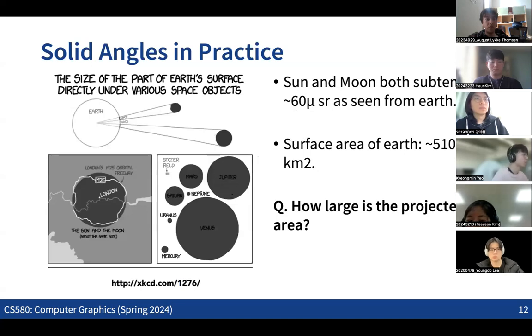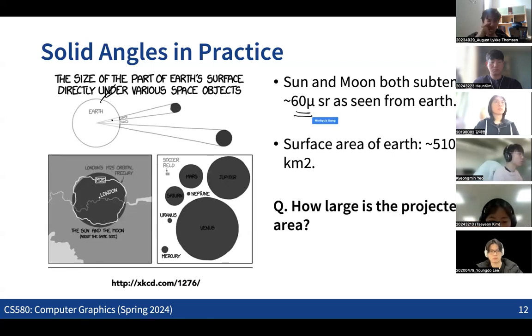Even with the Earth here and the moon and the sun, we can define a solid angle, which defines the projection of each of the moon and the sun, and many other things, over the Earth. And this kind of projection can be defined with the solid angle.